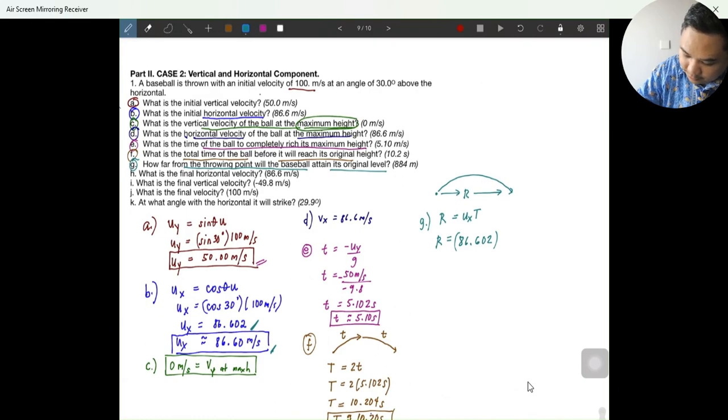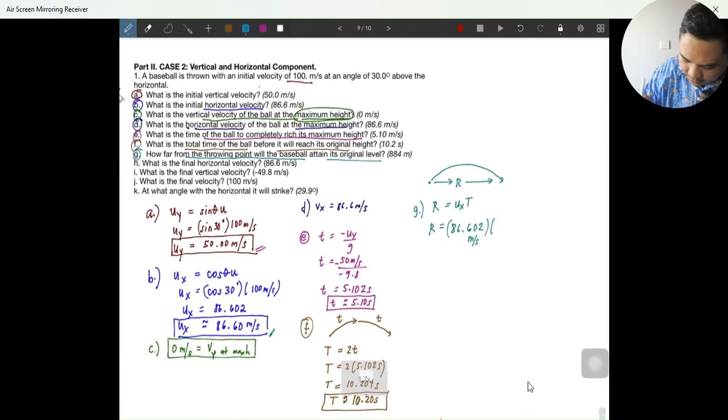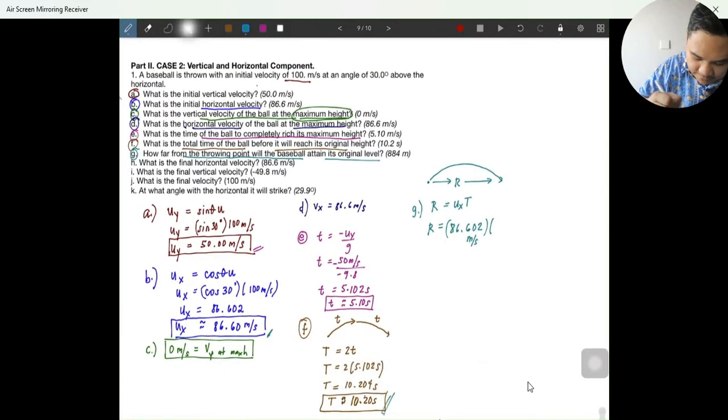multiplied, this meter per second, okay, meter per second multiplied to 10.20. This is the value. Okay, so we have 10.204 seconds. And so what will now be arranged?